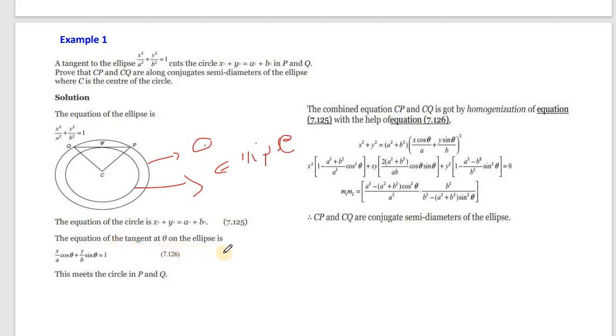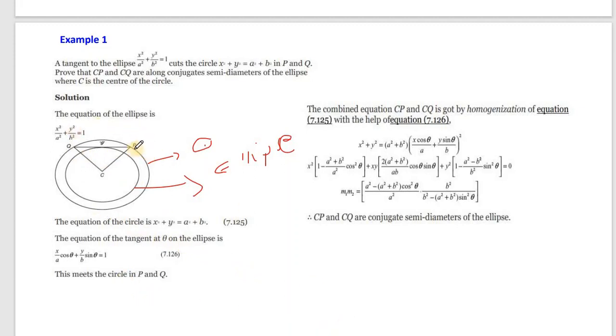Equation of the tangent at theta on the ellipse. So this one is the tangent, and any point on that is a cos theta, b sin theta. So x by a cos theta plus y by b sin theta is equal to 1 is the equation of PQ.